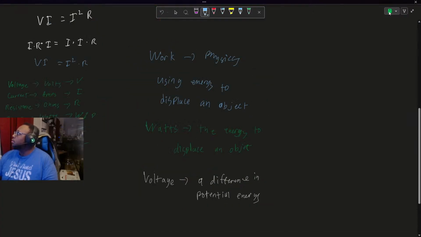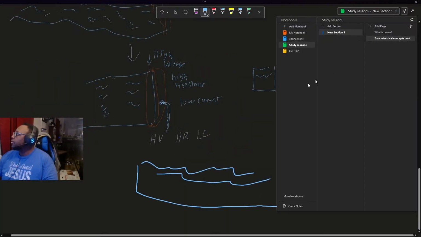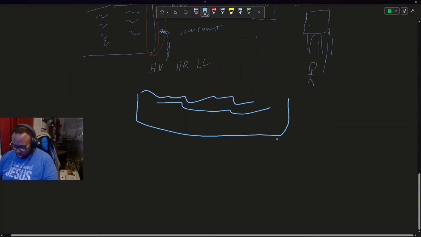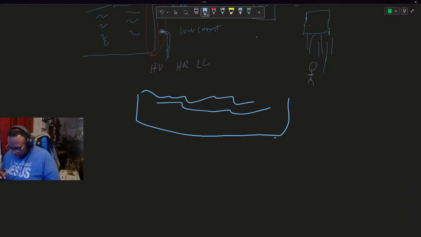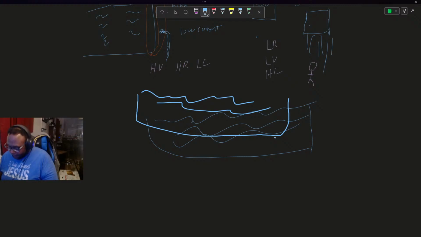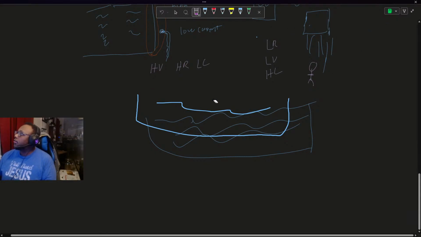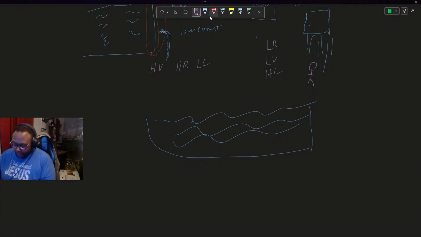If I close this and reopen it, will it resync? Oh, there we go. Now I can erase this. Or make it 3D. Now we're just going to erase that.